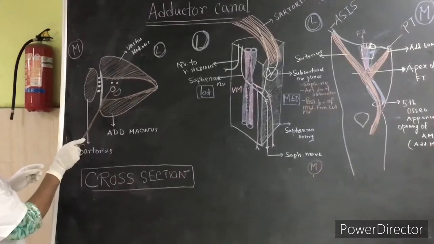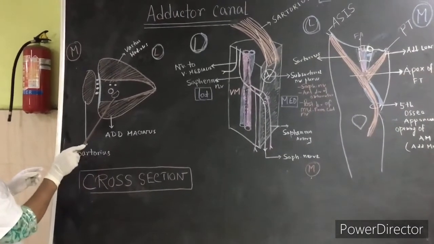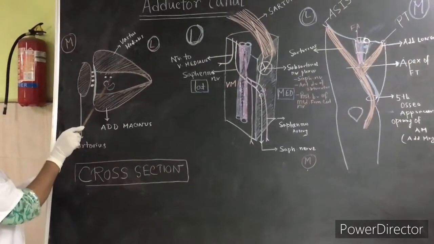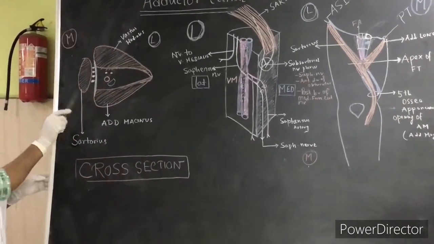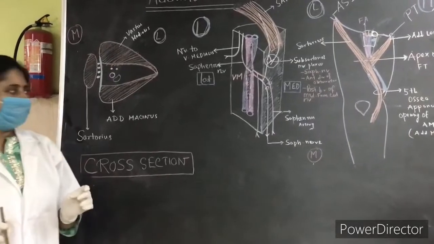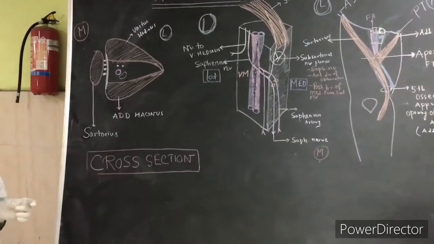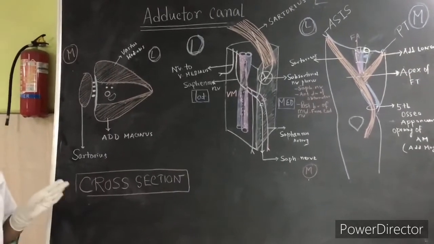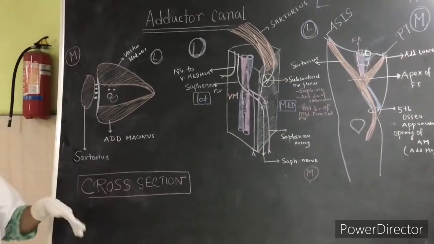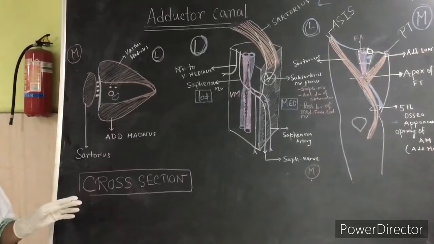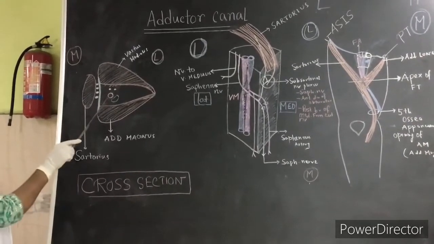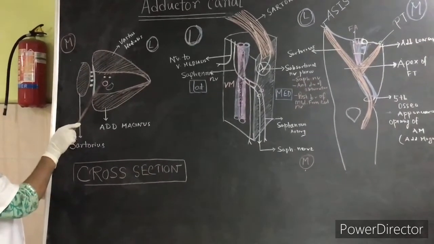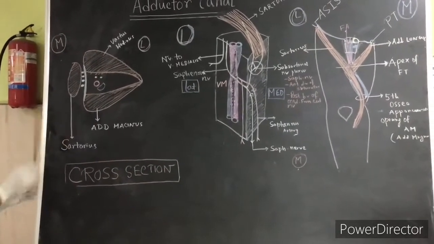Occasionally we can get the anterior division of obturator nerve also, and some branch of profunda femoris artery also at the lower part of the adductor canal. We may get. But we can get constantly the femoral artery, femoral vein, and these two nerves, that is saphenous nerve and nerve to vastus medialis.